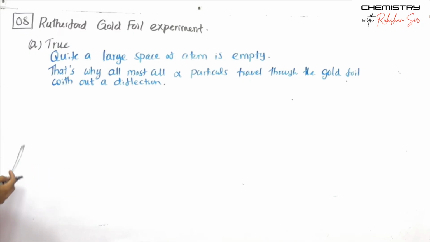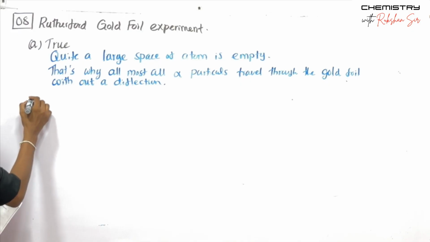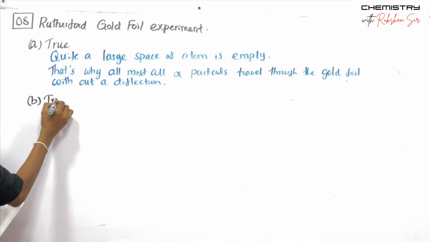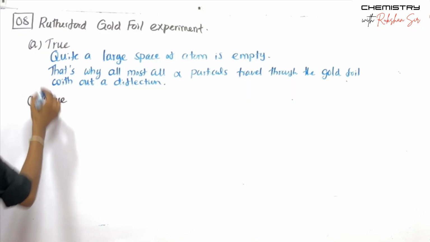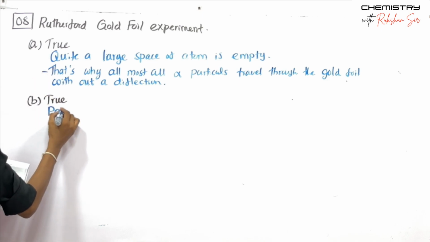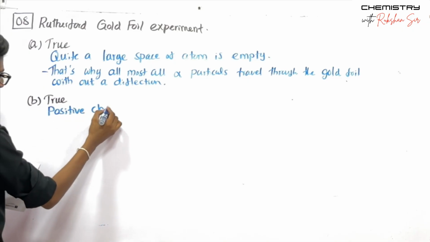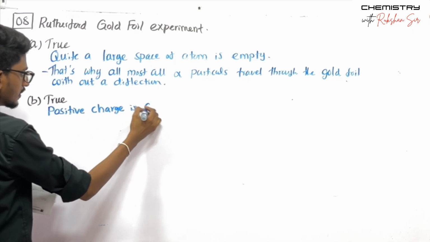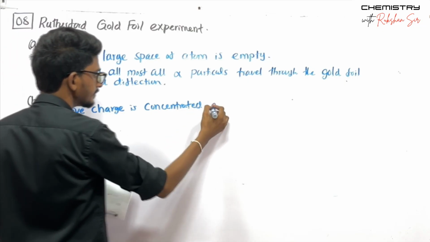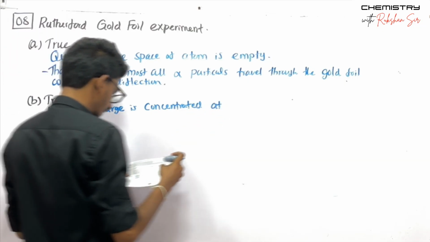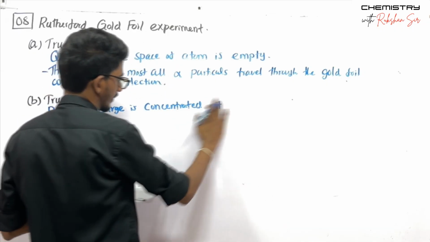B statement. The positive charge is concentrated at nucleus. Right? B statement is also true. Positive charge is concentrated at the nucleus, considered as nucleus.